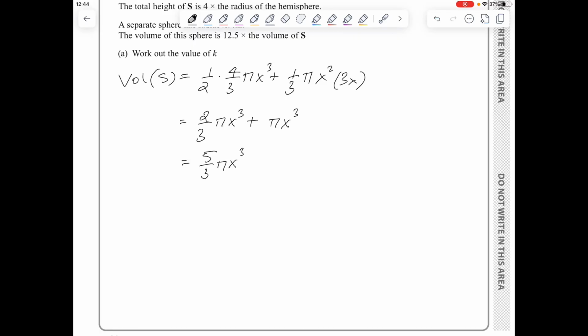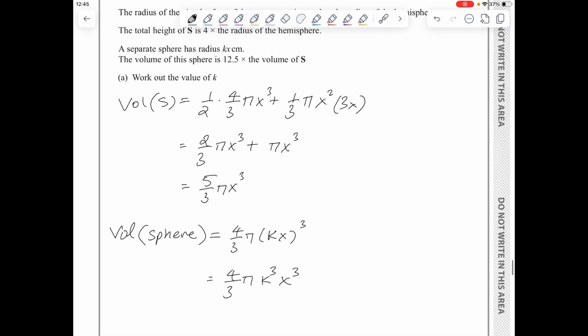Now find the volume of the other sphere, and this is 4 over 3 pi r cubed, and we're being told that the radius is k times x, so (kx) to the power of 3. And if I expand this, I'll get 4 over 3 pi k to the 3 x to the 3.